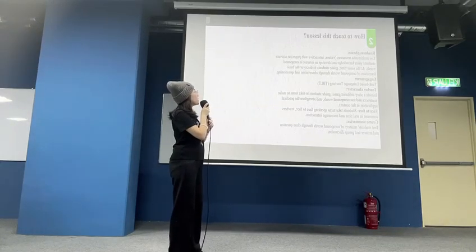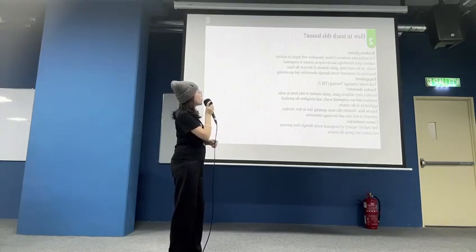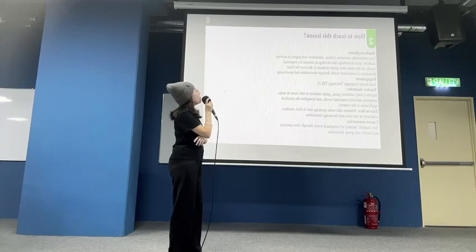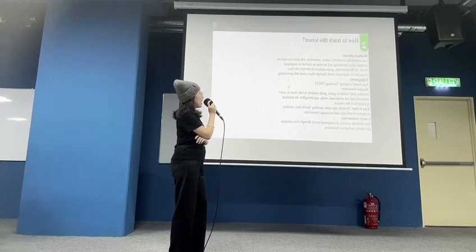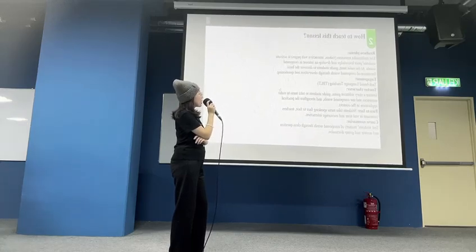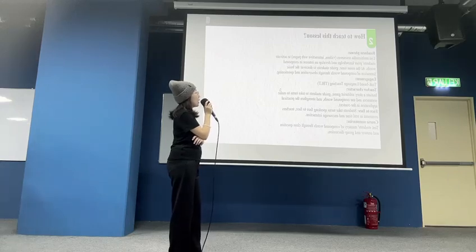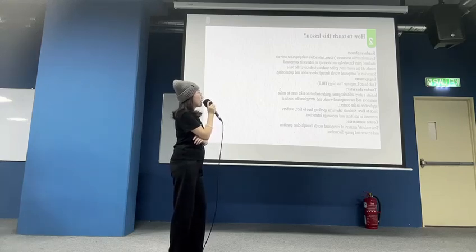For how to teach this lesson, we will use multimedia resources like the video and the web pages to activate students' knowledge and develop an interest in combined words. And we will get students to discover the basic formation of combined words through observation and questioning.